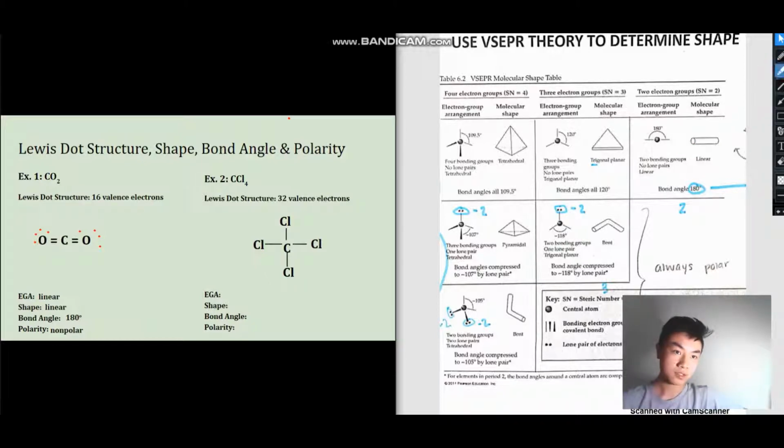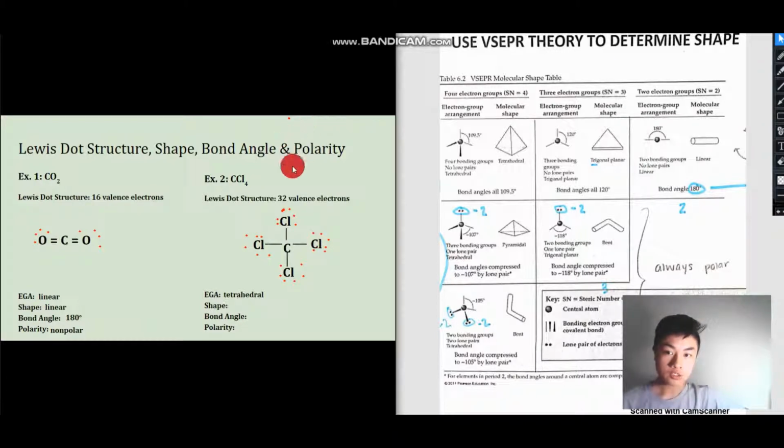And so we can just pretty much fill out the rest. So we have 2, 4, 6, 8, 10, 12, 14, 16, 18, 20, 22, 24, 26, 28, 30, 32. So we have 32 valence electrons total.